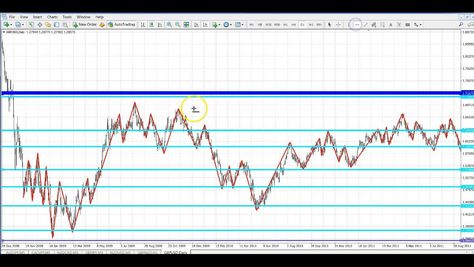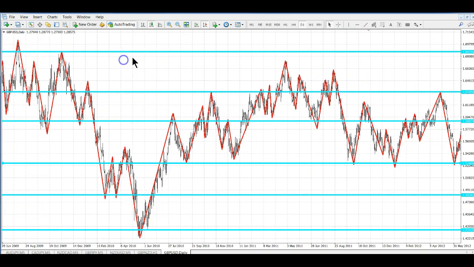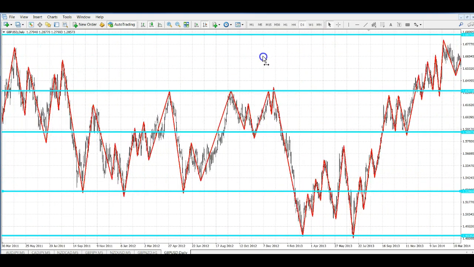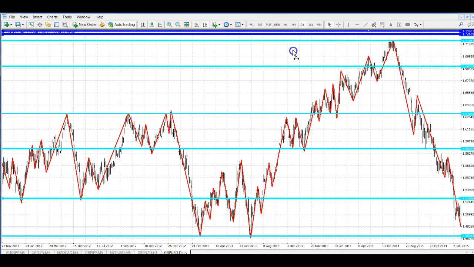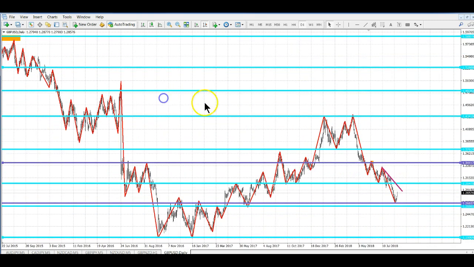But up here, like I said, I don't generally go this far back. I keep it in pretty close to the same area. But that's all it is to draw your trend lines.